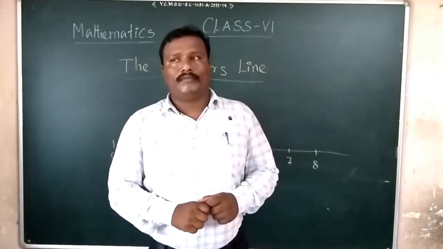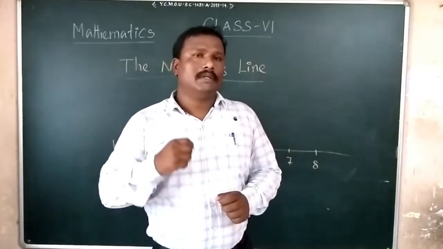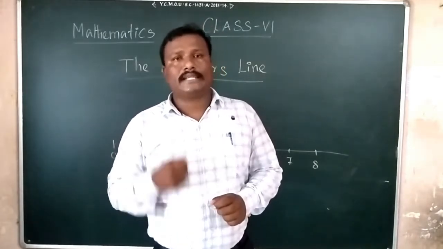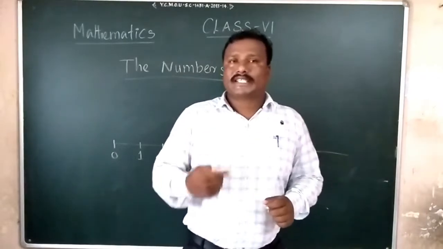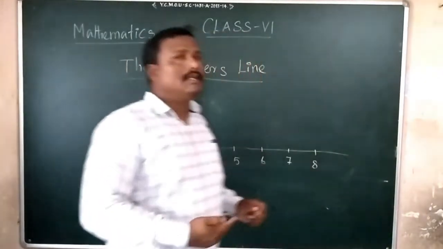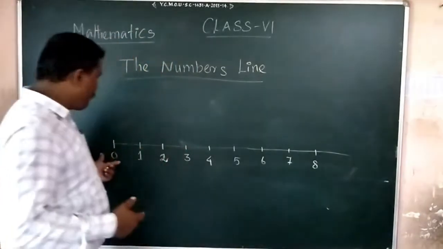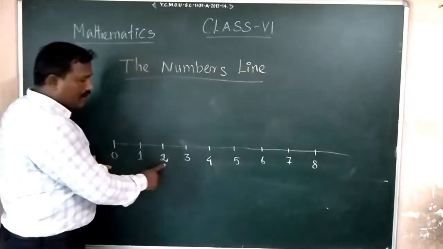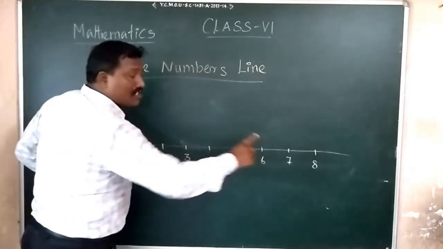When we draw the whole numbers like this, we know whole numbers start with 0. Then from 0 to another point 1, then 2, 3, 4, 5, and it goes on.